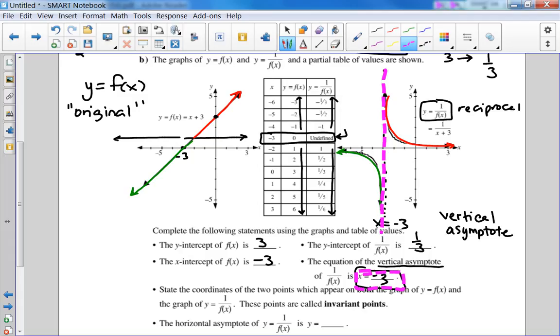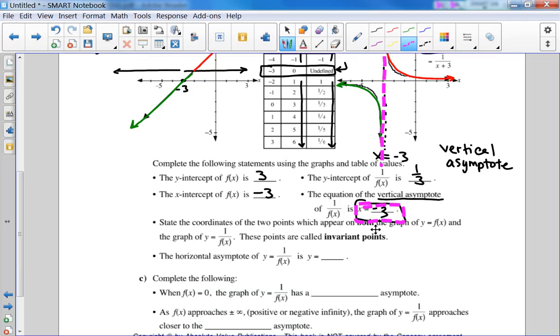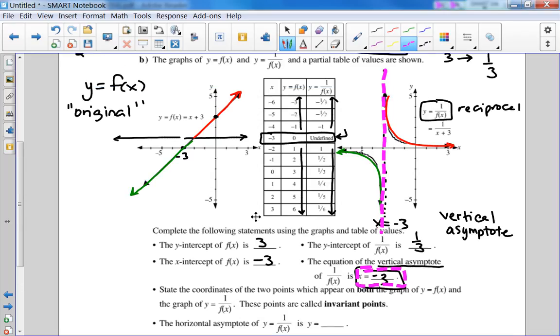So then it says state the coordinates of the 2 points which appear on both the graphs. So which 2 points appear on both the graphs? And let's use the table. Right here. So those are the invariant points. So what does it mean to vary?